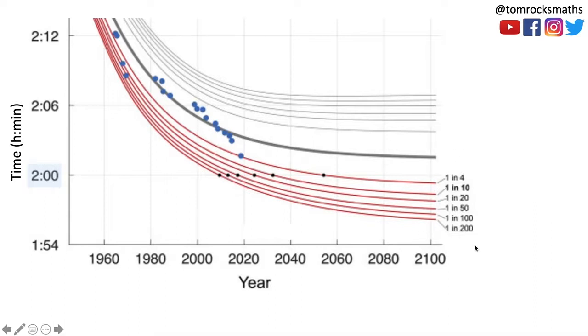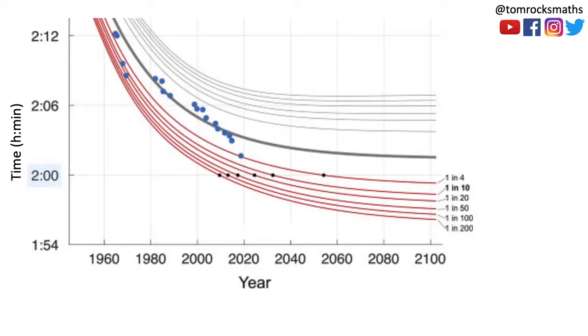Now, the other lines on this plot in red, which are here labeled with 1 in 4, 1 in 10, up to 1 in 200. Now, these are actually really important because what these are doing is actually taking our line of best fit, the grey line, which is based on all of the data over the last 100 years. And then these lines, the red lines, actually add some kind of probability or some kind of randomness.